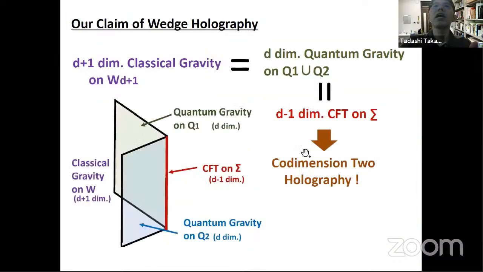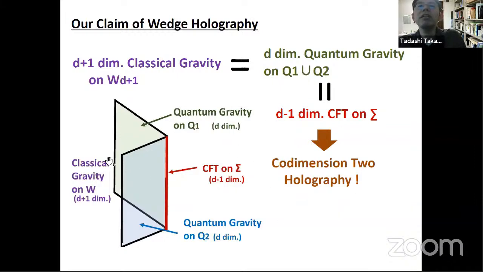Let me first give our claim. The gravity on this limited region is actually dual to a two-dimension-lower theory. This D+1 dimensional gravity on the wedge is actually dual to a D-1 dimensional conformal field theory living on this wedge. This is codimension 2 holography.